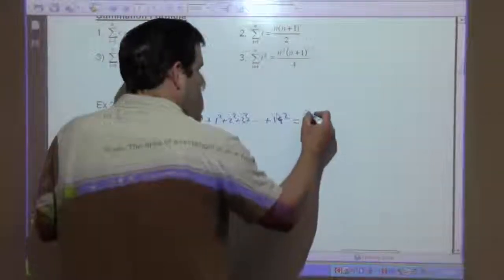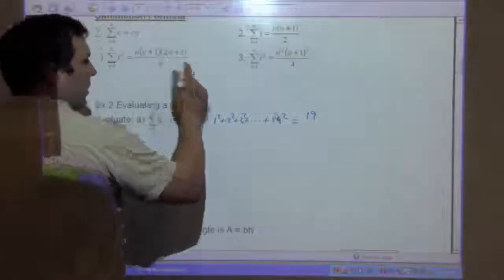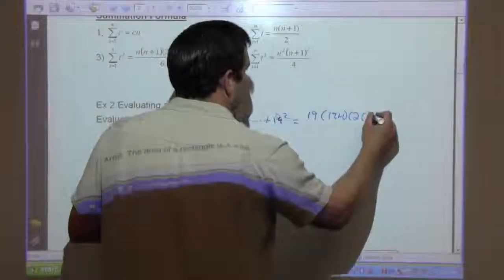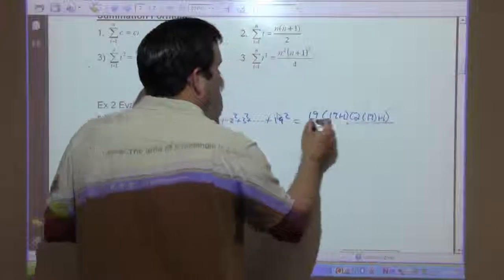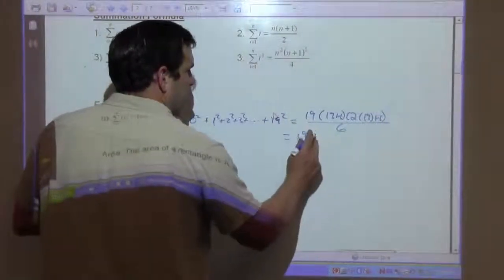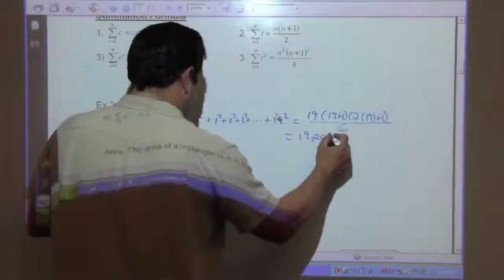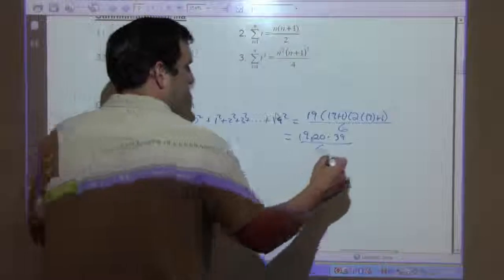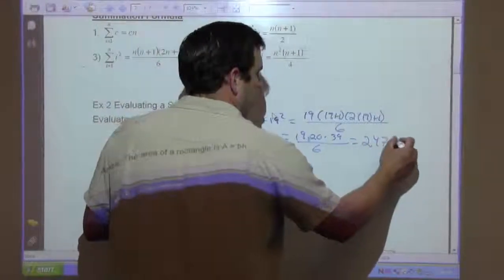So I'm following this formula, 19 times 19 plus 1 times 2 times 19 plus 1, all over 6. That's 19 times 20 times 39, all divided by 6, which is 2470.